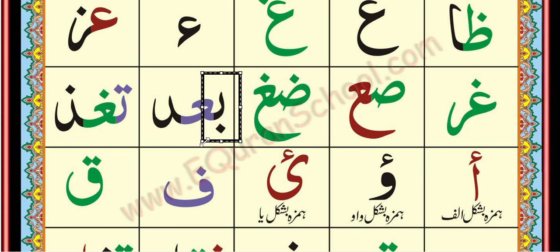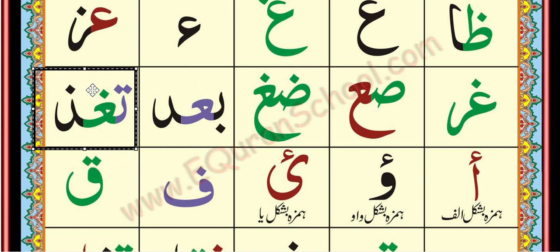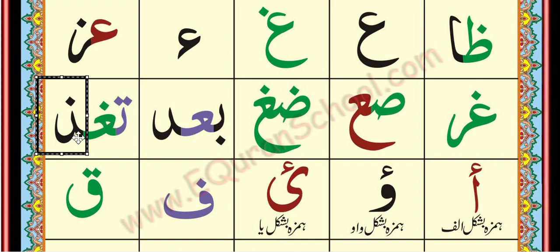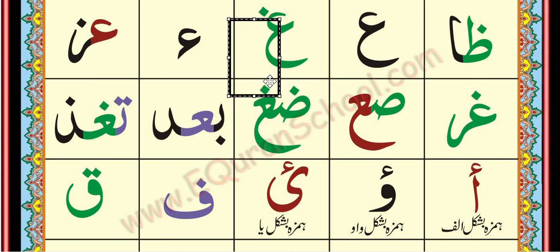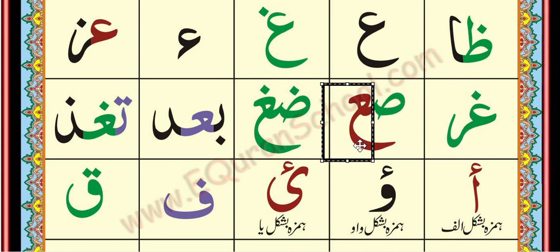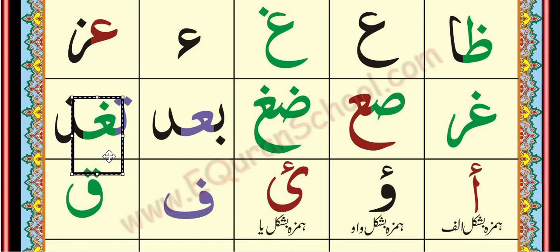Now look, Ba Ain Dal, Ba Ain Dal. Next, Ta Ghain Dal, Ta Ghain Dal. Ghain is the same as Ain. Before, Ghain is this full shape, and then Ghain becomes this shape, and the next shape of Ghain is this one, and now the final shape is in the middle.